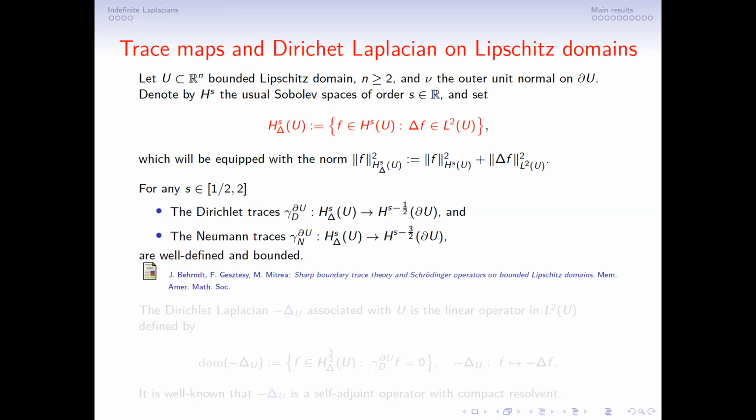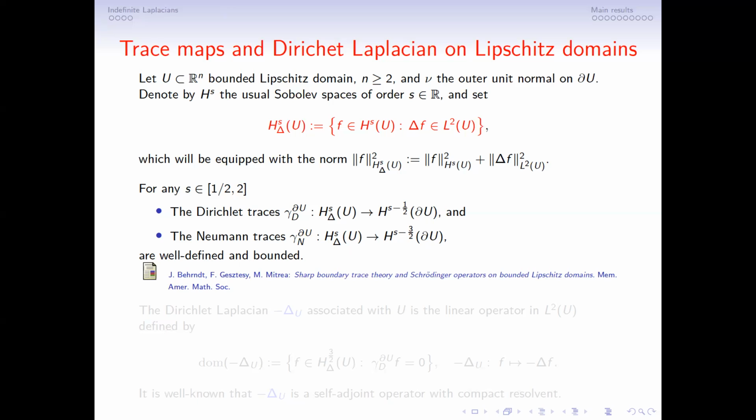But remember that if we do not assume this condition on the Laplacian, and we just take, for example, H^{1/2}, then if we take the trace, we are not sure. In fact, there are good examples where you don't get a function which is in L2 of the boundary. So having the Laplacian in L2 of U guarantees, for example, that for the regularity 1/2, we end up actually in L2.